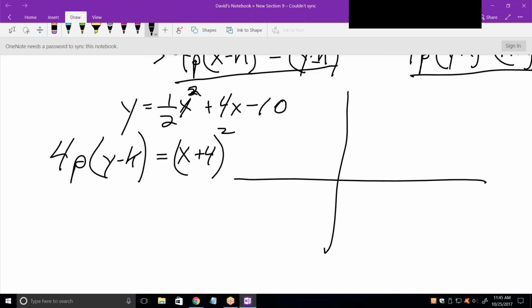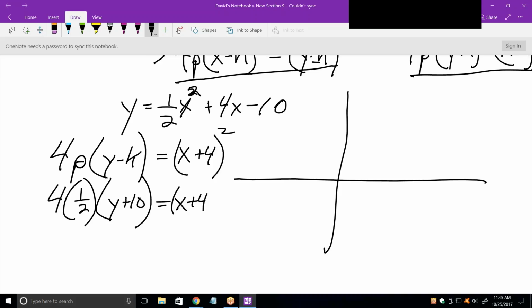P was 1/2, so we had 4 times 1/2 times y plus 10 equals x plus 4 squared. So when we were all done with turning it into this format so we could figure out what P was, we actually are still in vertex format, believe it or not.